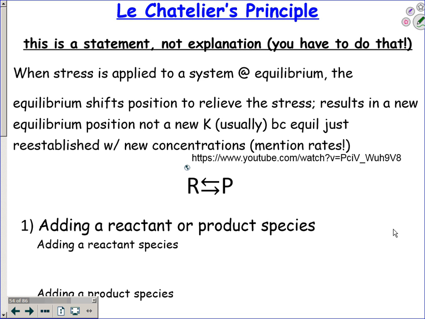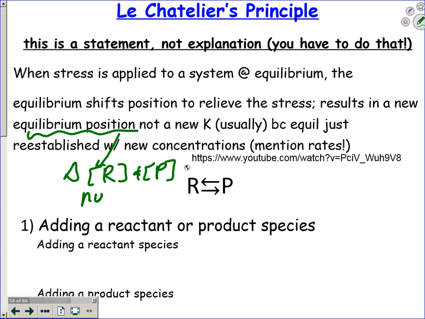Okay. So when we say that the equilibrium position is shifted, it just means there's a change in the concentration of reactants and products. No change in K. The equilibrium constant itself, the K value, is not changing. It's not that we're changing the favorability in the forward or reverse direction.